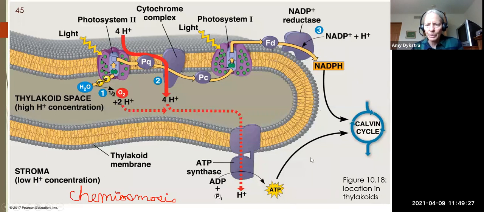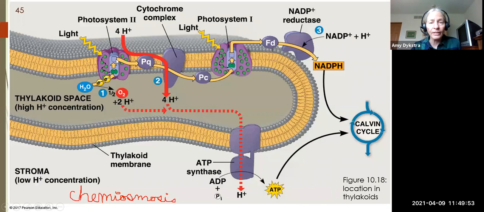And then the NADPH and the ATP are going to be used in the Calvin cycle to actually make sugar. How does this happen? The light is absorbed by chlorophyll. And as a result of the light being absorbed by these chlorophyll A's in the reaction center, an electron is boosted up to an electron acceptor.